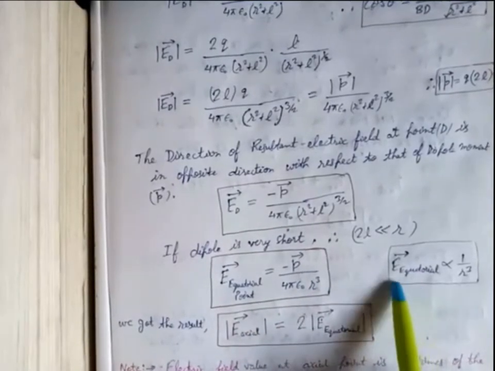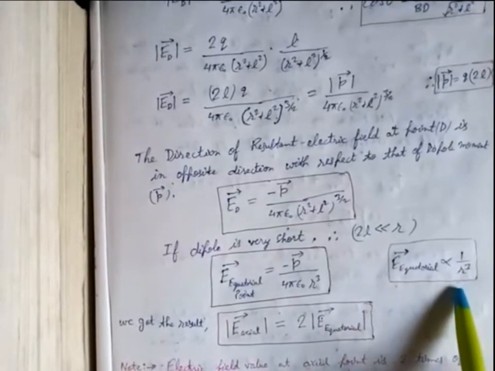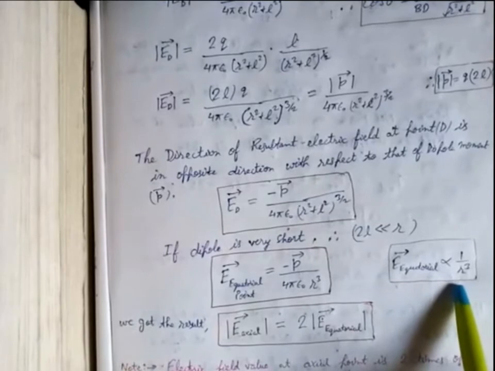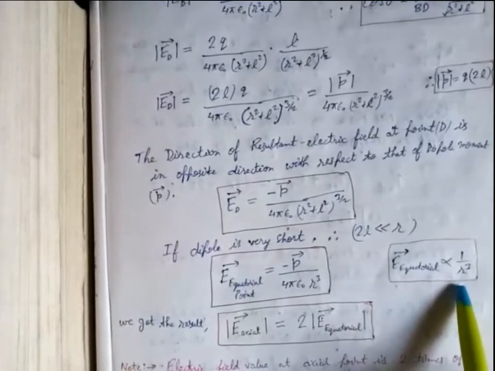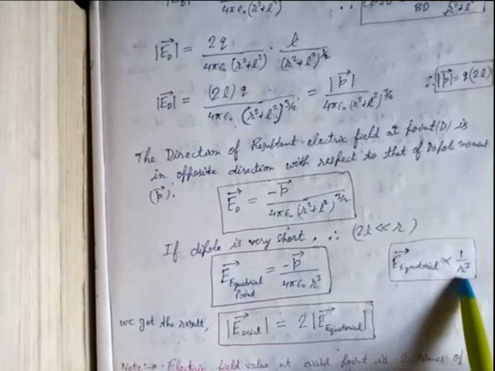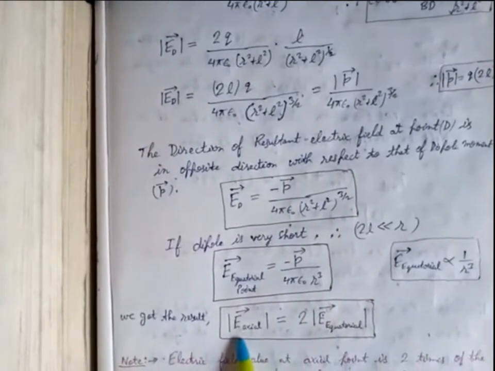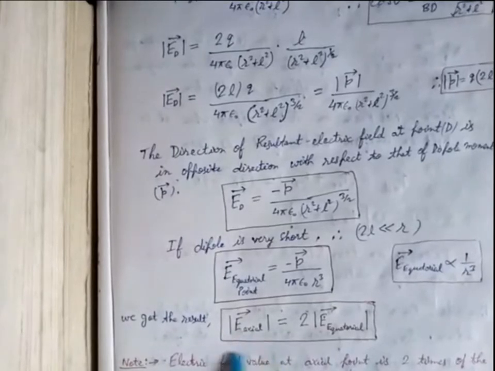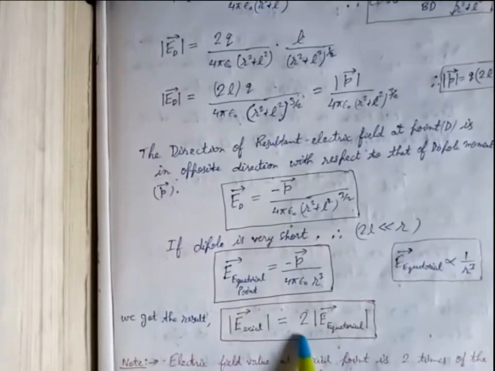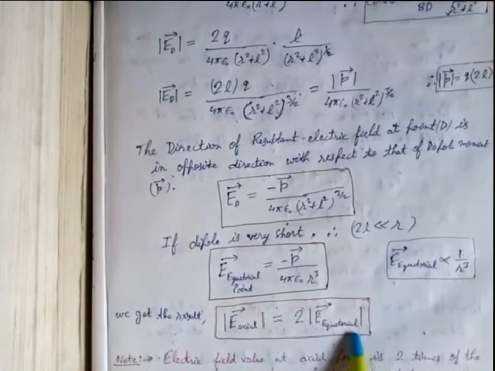And we know that the electric field due to a dipole is inversely proportional to the cube of the distance from the point, that is 1 by r cube. We also get one result: the electric field at the axial point is equal to 2 times the electric field at the equatorial point.